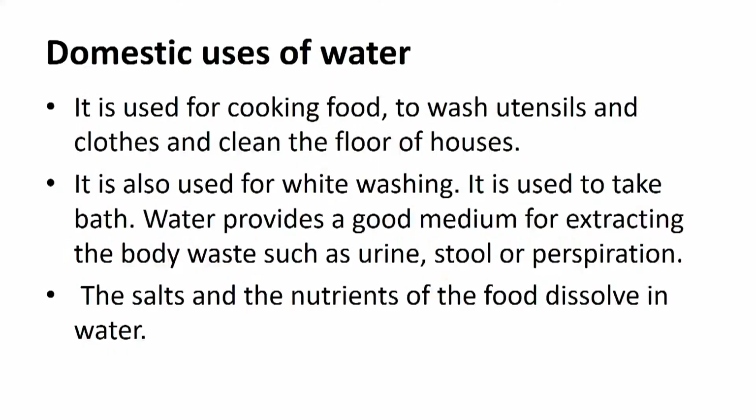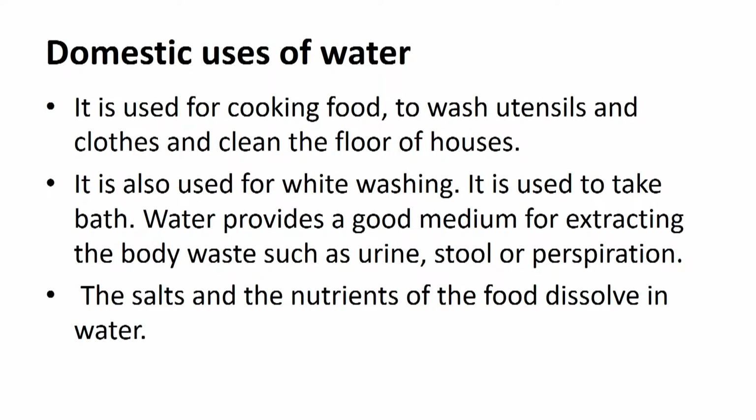So let us discuss the role of water for domestic use, agricultural use, industrial use, and for the generation of electricity. First we will talk about the role of water in our domestic life. We use water for cooking food, washing utensils and clothes, cleaning the floors of houses, and bathing. It is also used for whitewashing.